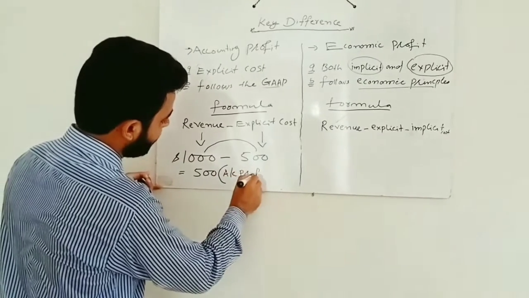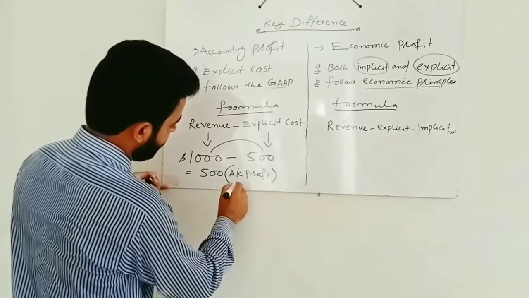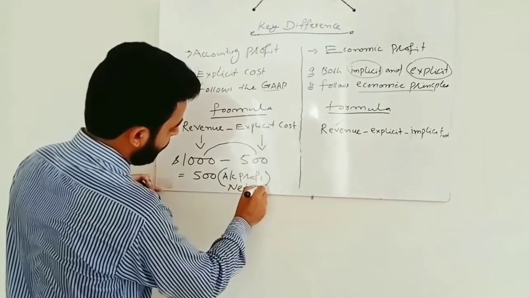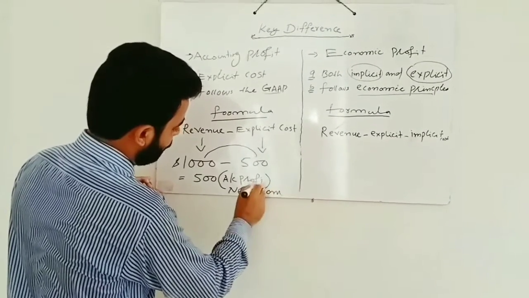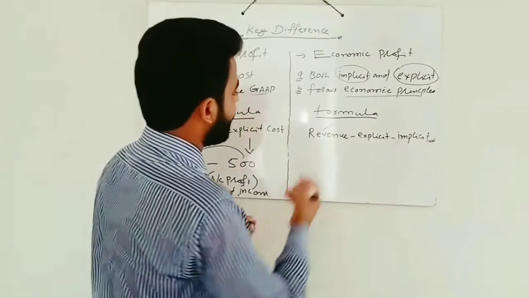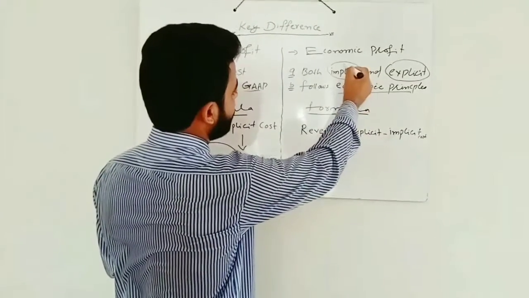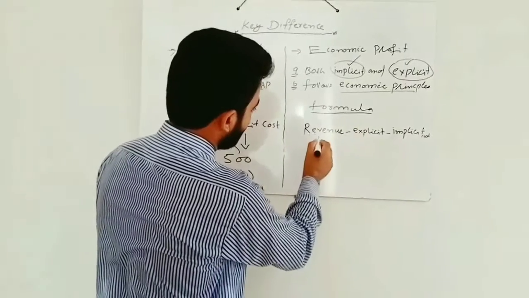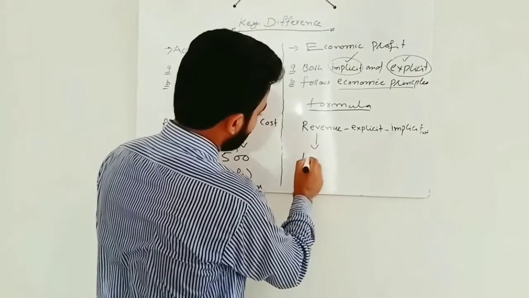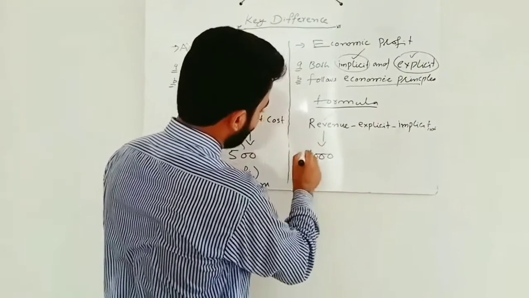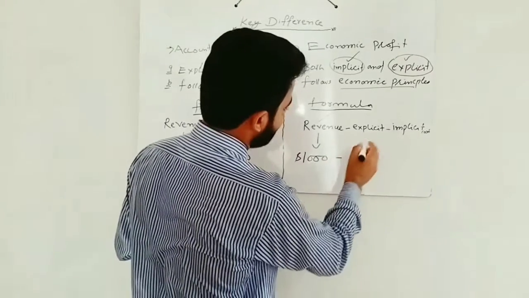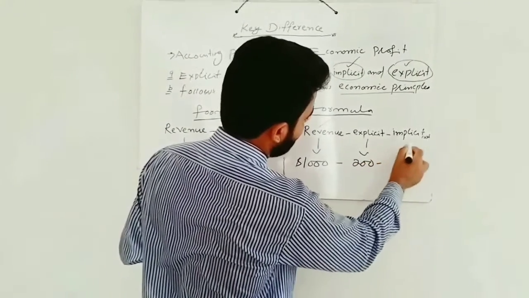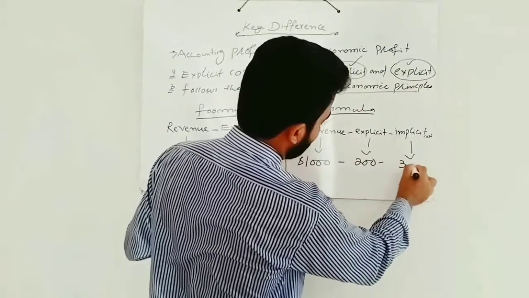Accounting profit, we can say, is the net income that has been generated after deducting the explicit cost from the total revenue, while economic profit can be calculated by deducting the implicit cost as well as explicit cost. Say suppose if the company has earned $1,000 as a revenue in the month of August and they have explicit cost of 200 and implicit cost of 300.